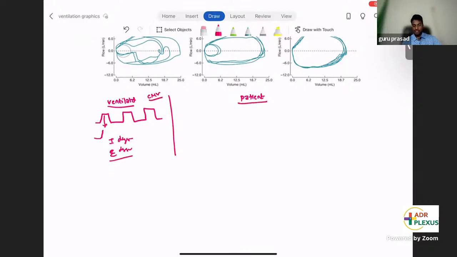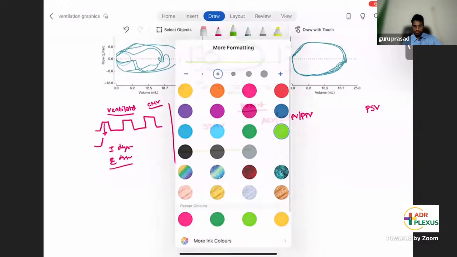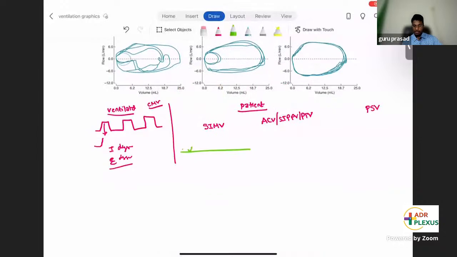Whereas in patient triggered ventilation, there are three types. One is synchronized intermittent mandatory ventilation. Other is assist control ventilation, or SIPPV or PTV mode of ventilation. And the other is pressure support ventilation. So how do you know which type of ventilation it is? In synchronized intermittent ventilation, whenever the patient wants to breathe, the ventilator will give a breath.